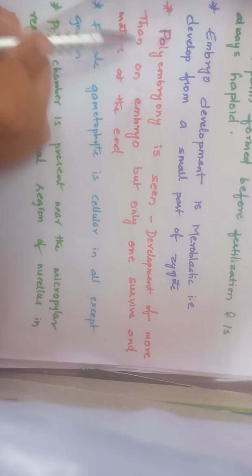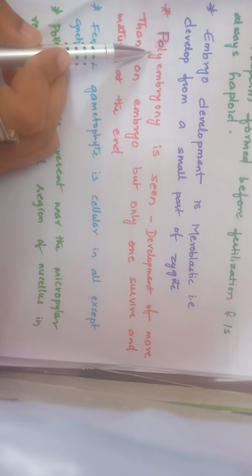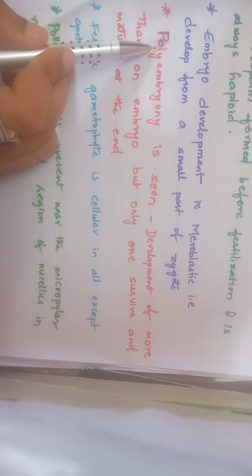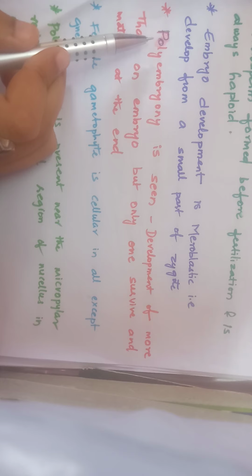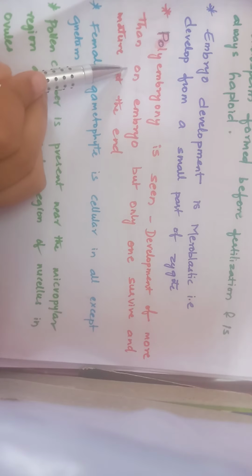Then the next point is polyembryony. Polyembryony means more than one embryo. Generally after fertilization the zygote is produced, and that zygote develops into the embryo. It means that from a single zygote a single embryo is produced. But in gymnosperms, from a single zygote there is development of more than one embryo.